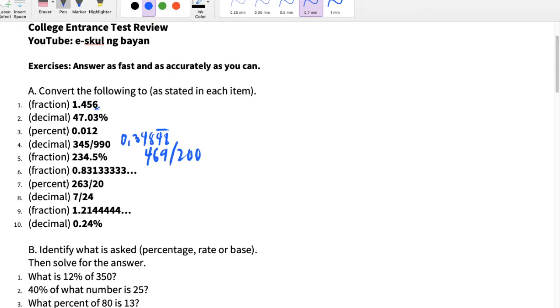So, let's assign x is equal to 0.8313333. Okay, paulit-ulit yan. So, again, since isang digit lang, 10 raised to n or 10 raised to 1 times x, 10x is equal to, multiply natin ito by 10, that's 8.31, then 3333.